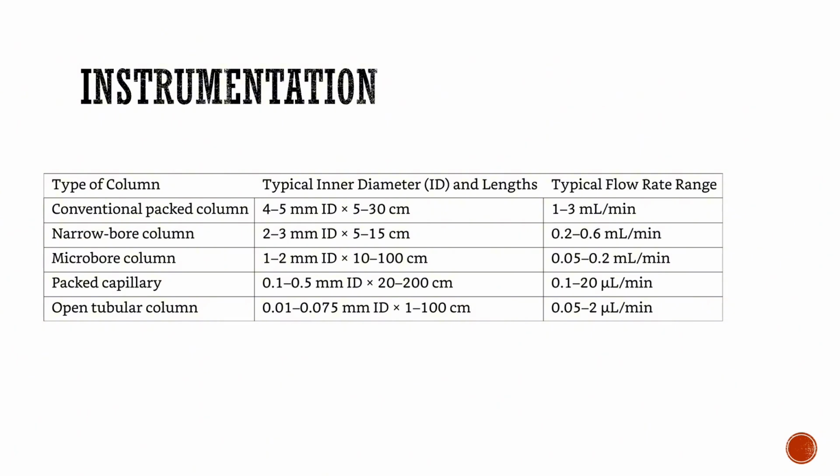These are the diameters of different columns. You can see how, from the conventional packed column to the packed capillary and open tubular system, the diameter decreases, and as we said, the smaller the diameter, the better the efficiency.